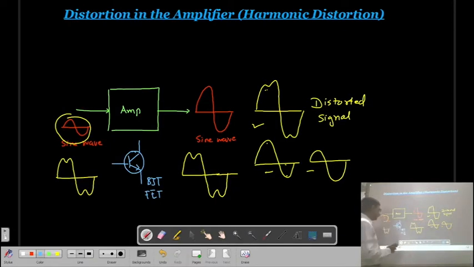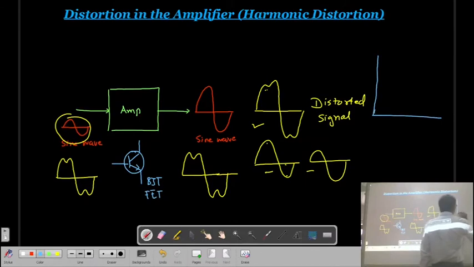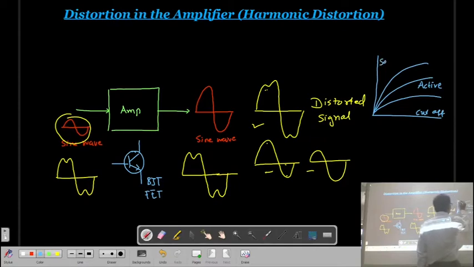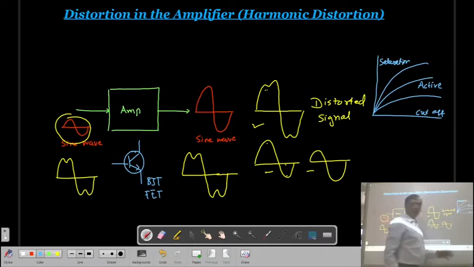Now the second thing is that when we use this active device, it has to be biased properly. I think you have already learned about the characteristic curve of a transistor. The characteristic curve is like this. Then this is known as your active region. This is known as the cutoff region. And this one is known as the saturation region. Correct? So the characteristics have three different regions.